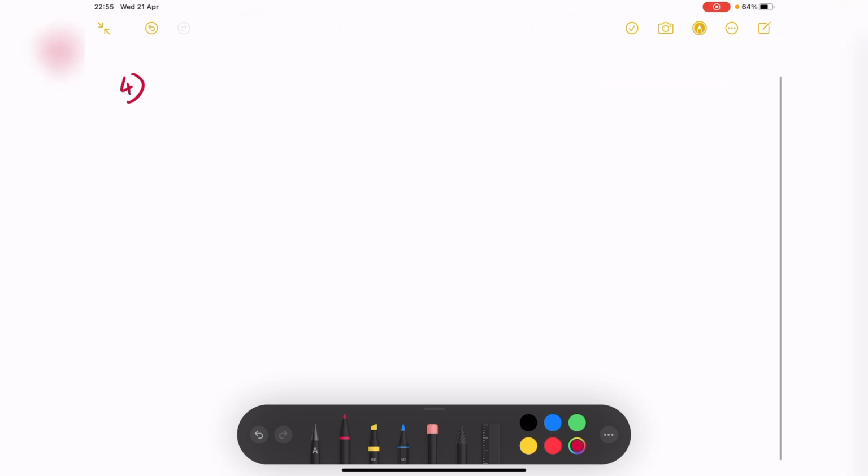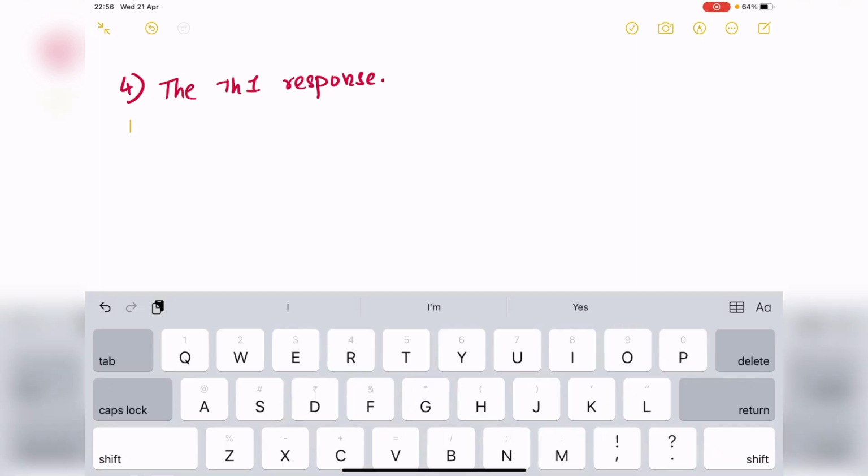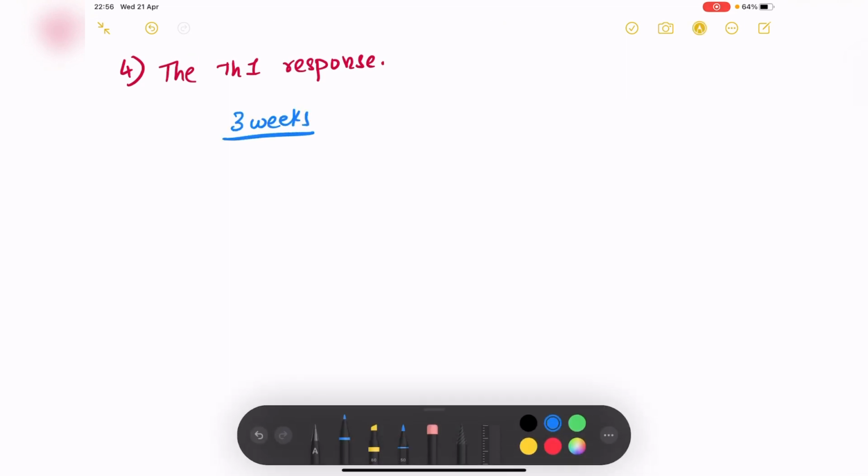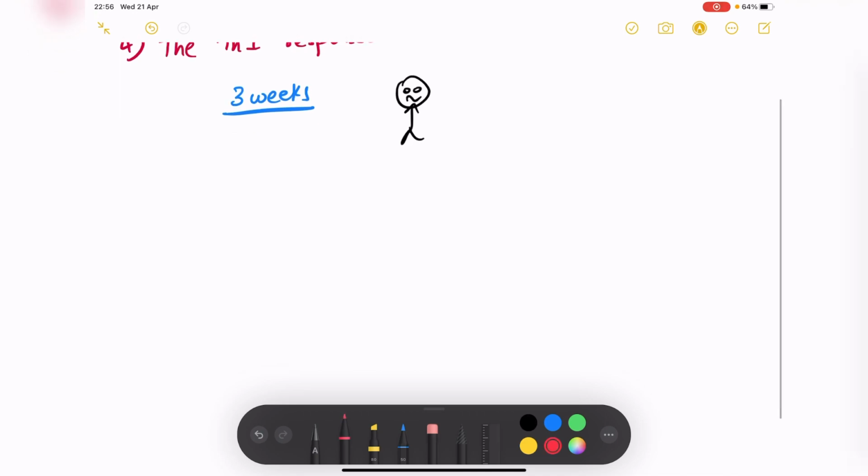Coming to the fourth step, that is the Th1 response. Till now, the innate, okay, now what happens is, let's say after 3 weeks, these bad sneaky little microorganisms of Mycobacterium tuberculosis decide to come to the lymph nodes.